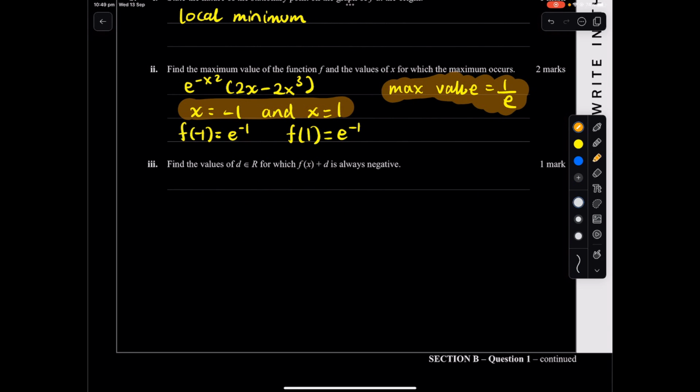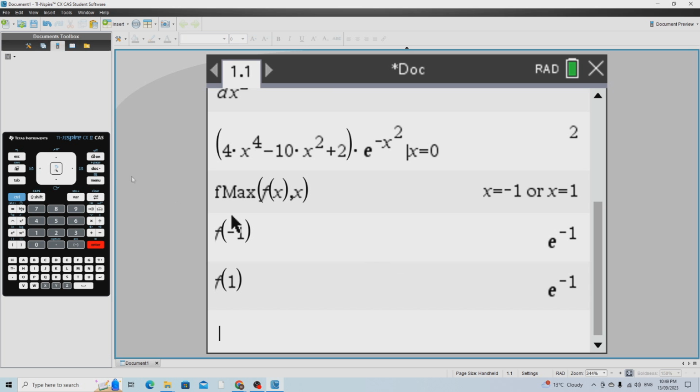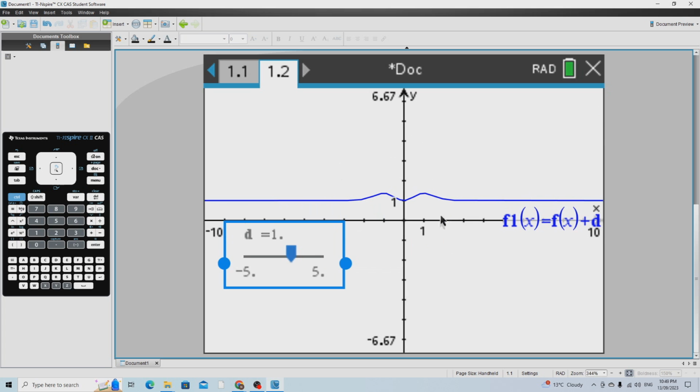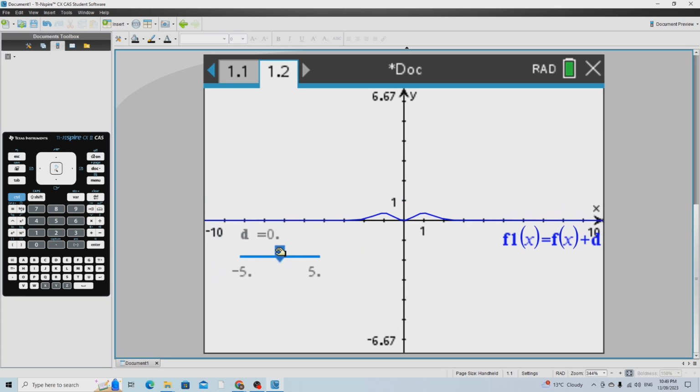Find the values of d, an element of the real numbers, for which f of x plus d is always negative. Okay, so what we know is that d here is pretty much a translation up or down. So I'm going to go on my calculator and just say f of x plus d, and we want to add a slider. Let's say d is 0.